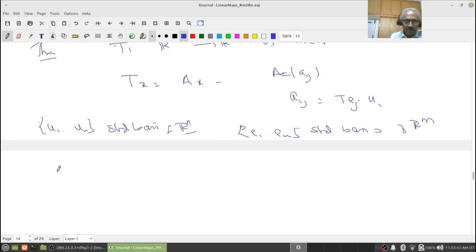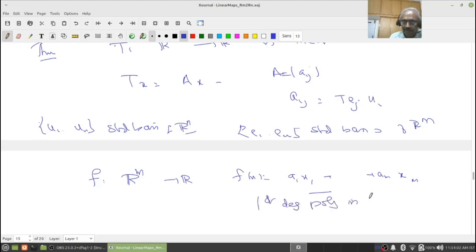Now look at f, a linear map from Rm to R. It is of the form f of x equal to a1x1 plus up to amxm. Notice that this is a first degree polynomial in the variables x1 to xm.